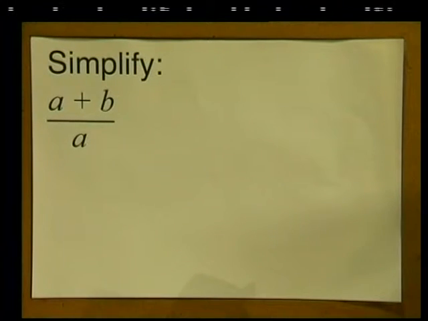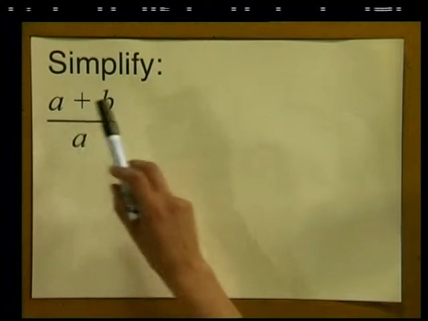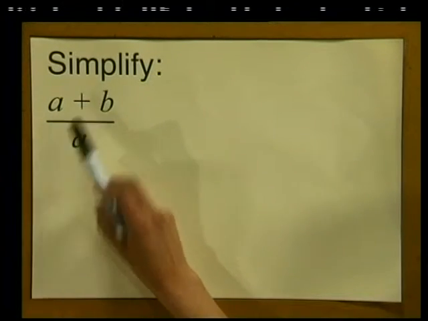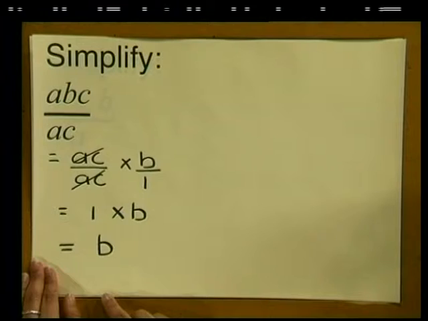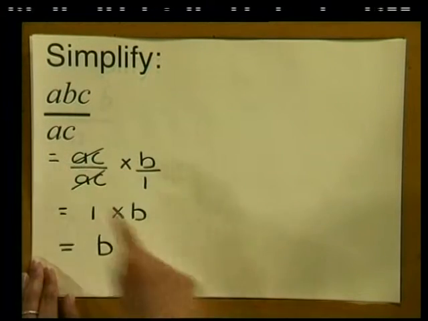We do not have factors to cancel. A and B are terms and not factors. Remember, in an expression, terms are separated by a plus or a minus sign. In our previous example, we could cancel because we had factors and not terms. There are no pluses or minus signs in between them.